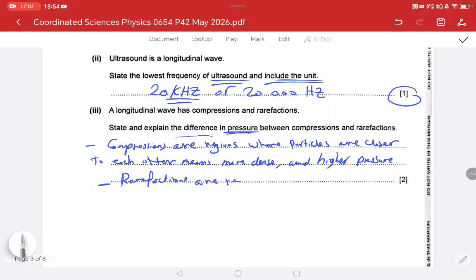Rarefactions are regions where particles are spread apart, or what we said, it's less dense and, of course, less pressure.